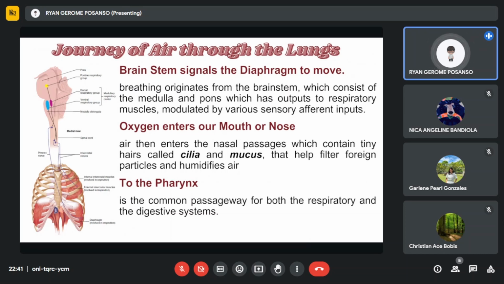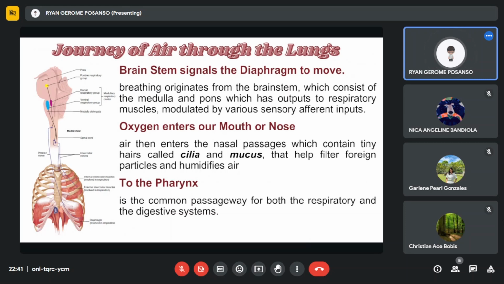Air then enters the nasal passages, which contain tiny hairs called cilia and mucus that help filter foreign particles and humidify air. From the reporter earlier, the nose contains tiny hairs which block off these foreign particles so they won't enter our internal system.